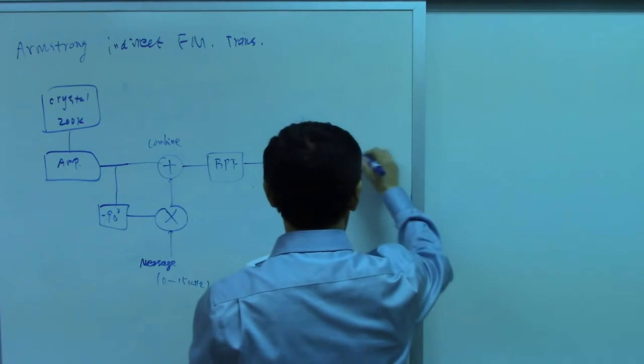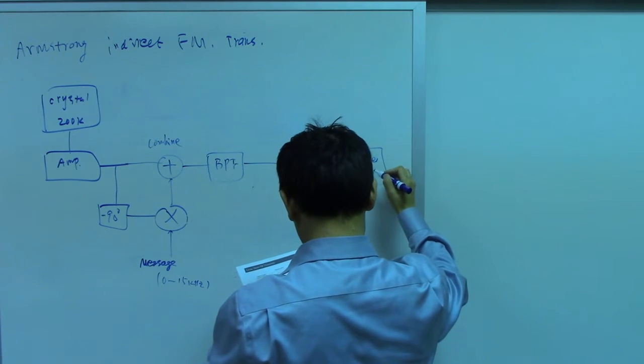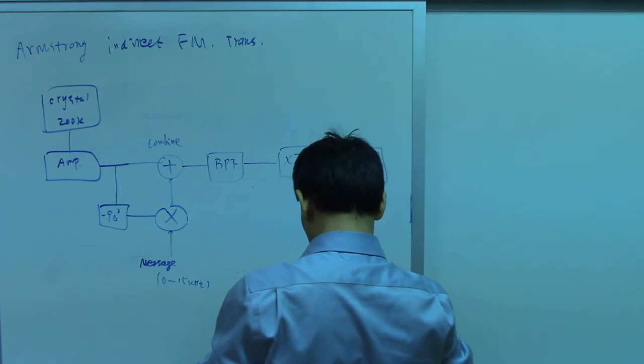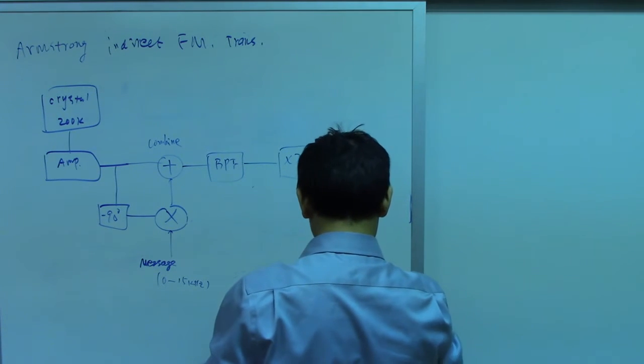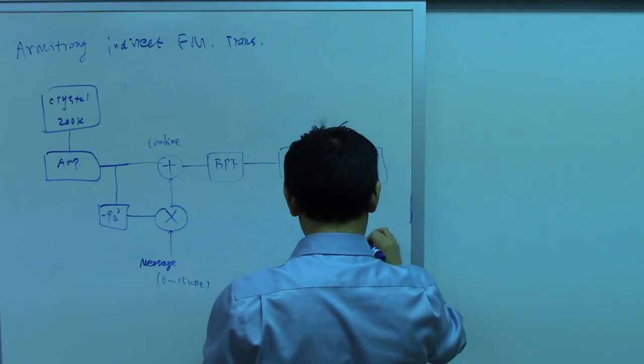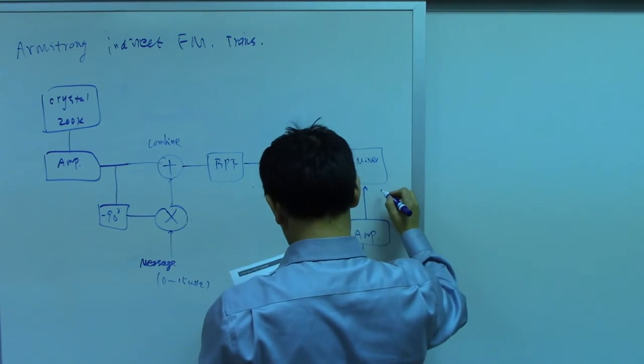Then we have a mixer and a converter. And this one, there's a crystal here. This one is 13.15 meg. This one is the amplifier, makes it larger. And this one is mixer.